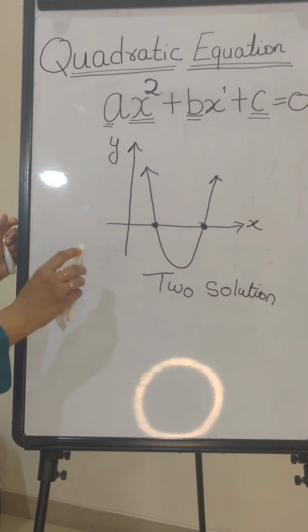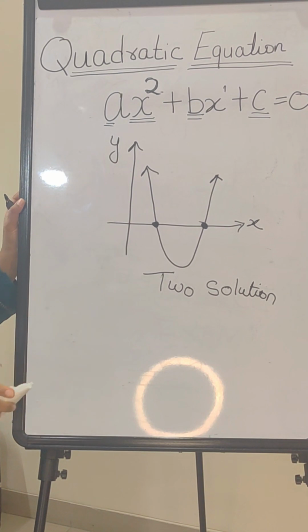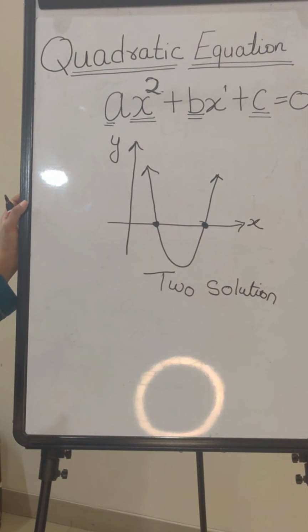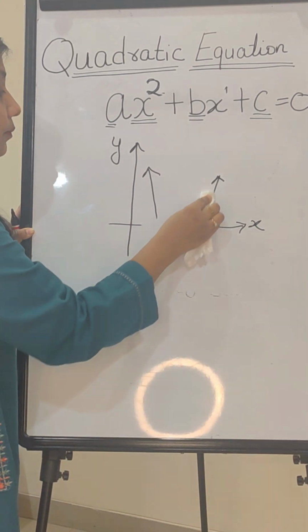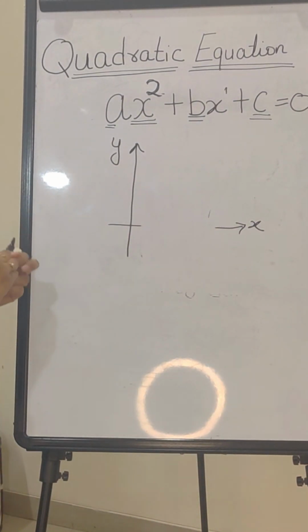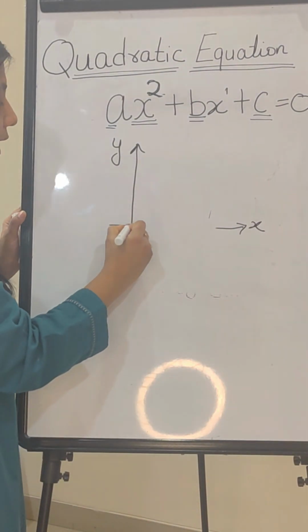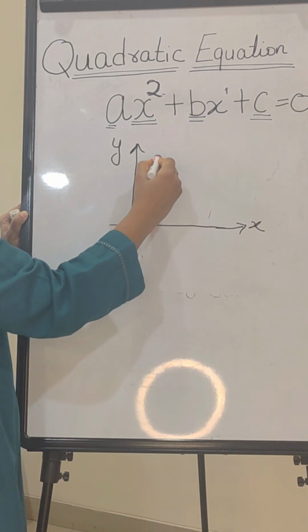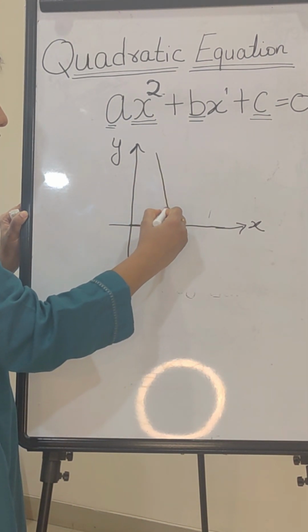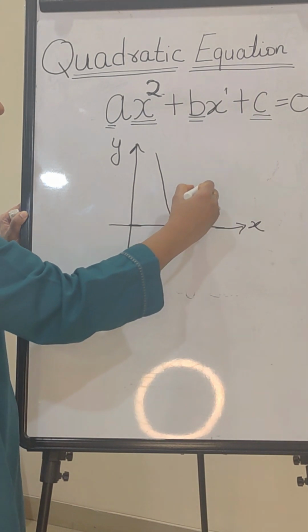But it is not necessary that the parabola will always cross the x-axis at 2 points. For example, let's say I am given a quadratic equation for which, when I graph it, the parabola just touches the x-axis.